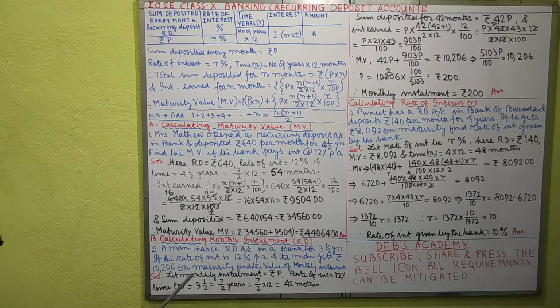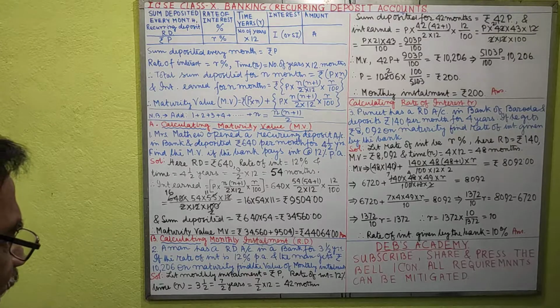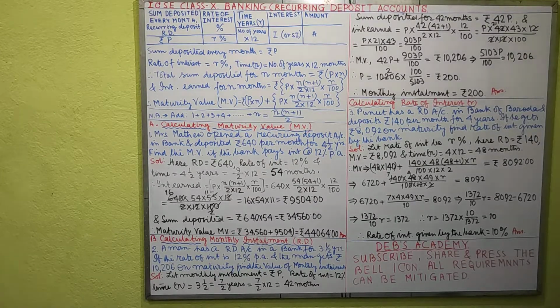If the rate of interest is 12% per annum and the man gets rupees 10,206 on maturity, find the value of monthly installments. That means the man had deposited a particular sum every month constantly without any change.